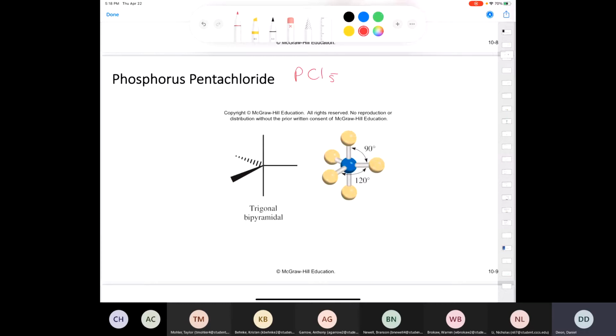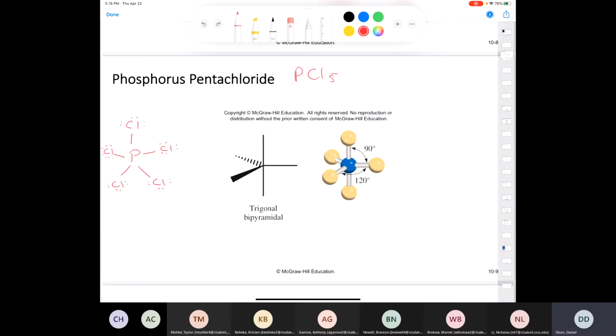If I was to ask you to draw a Lewis structure of PCl5 and you said, okay, I've got my phosphorus here, I've got 5 chlorines, 1, 2, 3, 4, 5, and I'm going to fill up the octets of all of the chlorines like this. If you drew that and said, there's my Lewis structure, Mr. Dion, read it and weep, I would say, that's beautiful. There's nothing wrong with that Lewis structure at all. I would give that 100%. However, it doesn't show the molecular geometry. It doesn't show the shape of the molecule, does it?